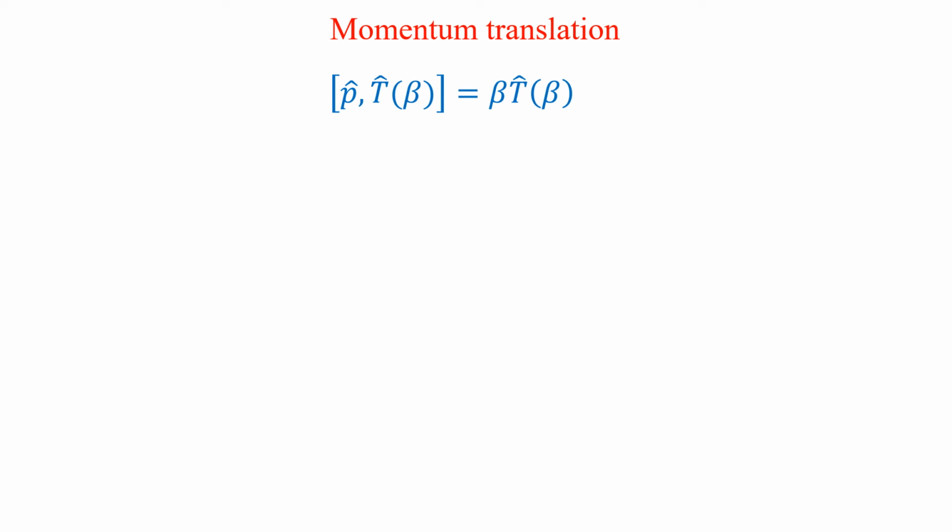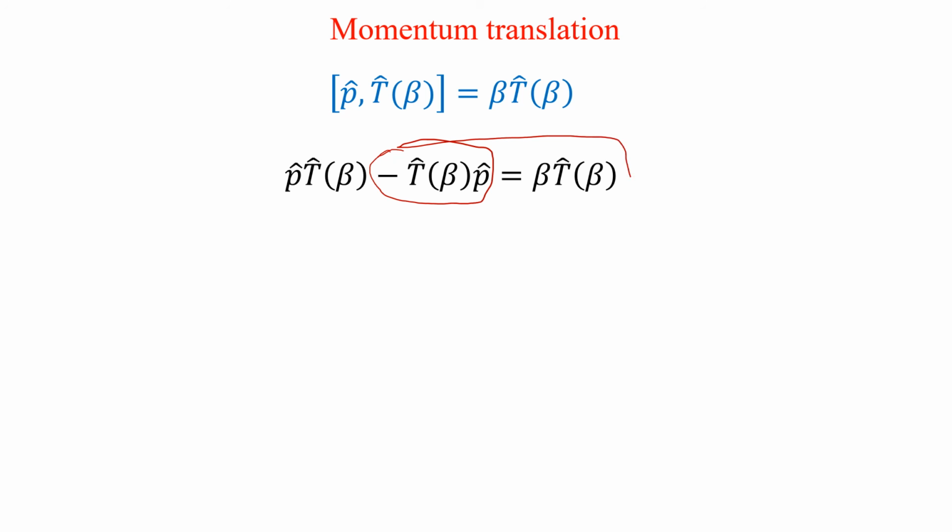So now we will see the commutation relation of p with T, which is equal to, as we have just seen, beta times T. Now you expand this commutation relation on the left hand side, which is equal to pT minus Tp, which is equal to beta times T. Now what we are going to do is bring this second term to the right hand side.